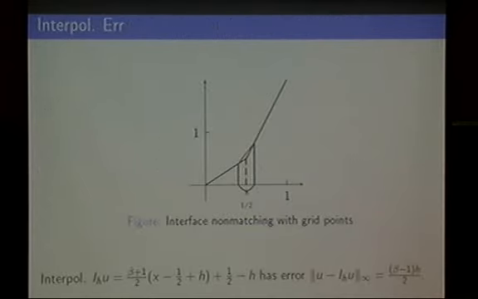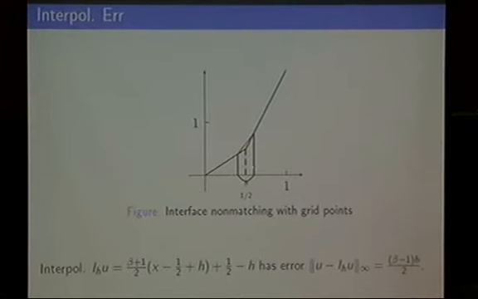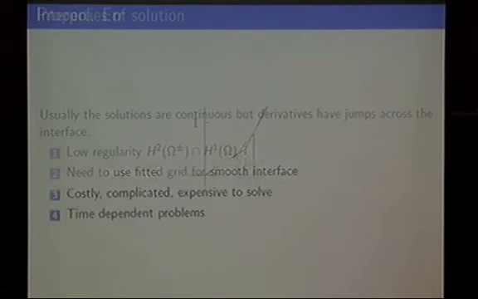So you can at least say that with the non-fitted grid, the interpolation error has some problem. In general, we need this interpolation operator to work in finite element, so we know at least the source of the problem. And this has been known for 50, 60 years, so nobody used it.